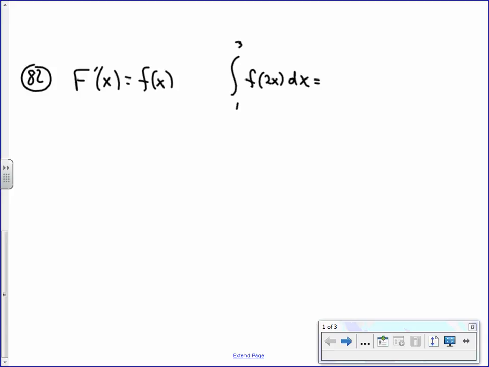One of the things you need to recognize when you look at this is that if you take the antiderivative of f of x, you're going to get what? Big F. Take the antiderivative of the left. That's the same thing as the antiderivative of big F prime, and that means the answer is F, as an indefinite integral.